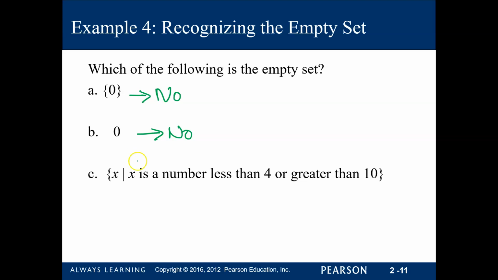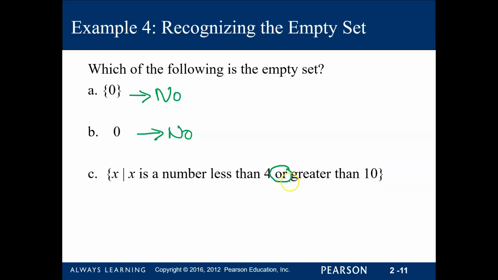Next, set x, the set of all elements x such that x is a number less than 4 or greater than 10. Now, if you will notice, it used the word or this time compared to and. Earlier, in the example that uses the word and, it has to satisfy less than 4 and also greater than 10. They need to be both satisfied.